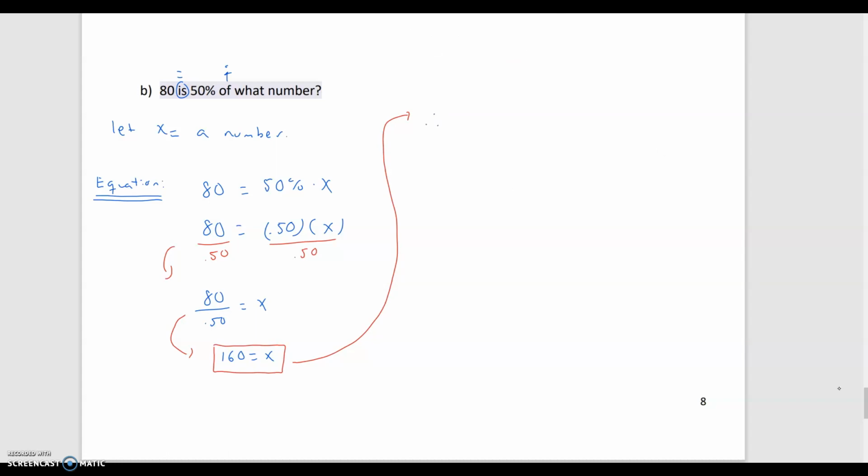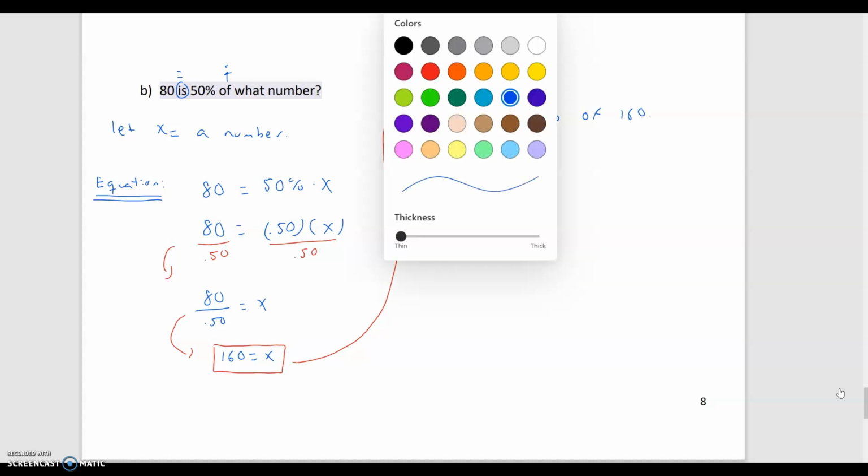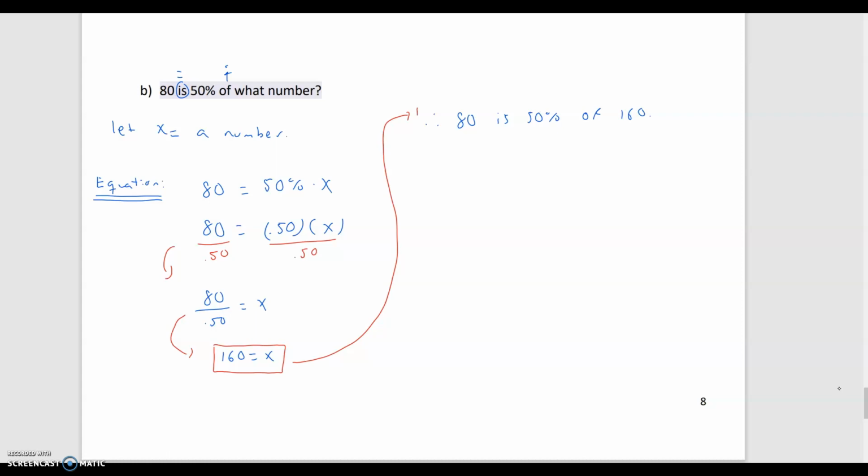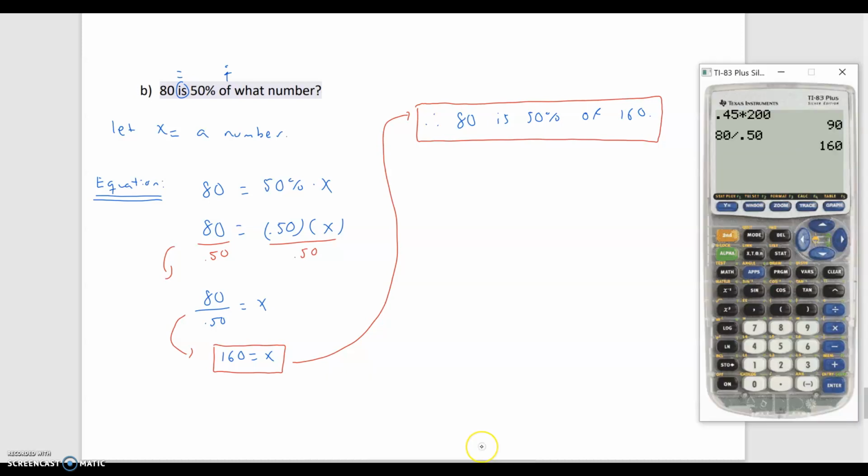And let me rewrite it: 80 is 50% of 160. That's it for this problem. Let me double check the division. We're good on the division.